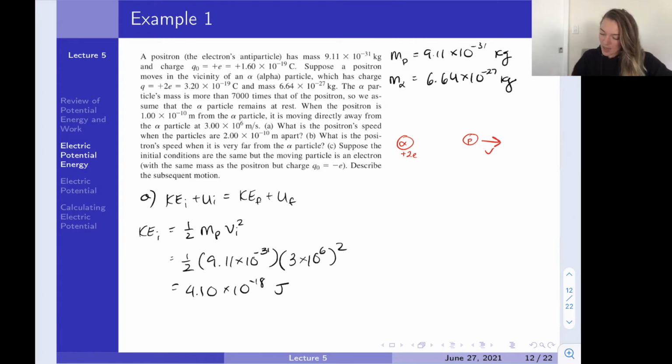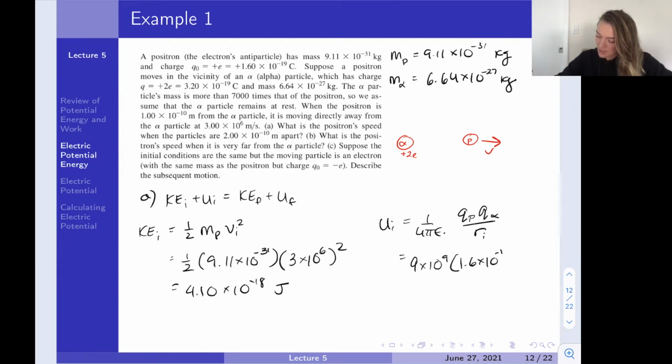Now let's look at the initial potential energy. So the initial potential energy will be given by the charge of the positron, the charge of the alpha particle, and the distance between them initially. We'll call that Ri. So we have 1.6 times 10 to the negative 19, and then we have 3.2 times 10 to the negative 19, divided by the initial distance between them.